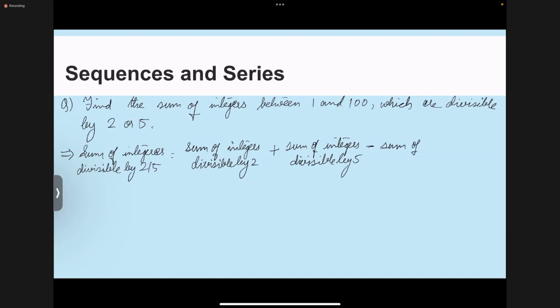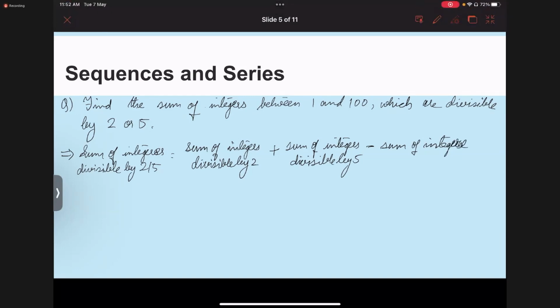The sum of integers divisible by 2 and 5. Okay. So then, which are the integers that will be divisible by 2?